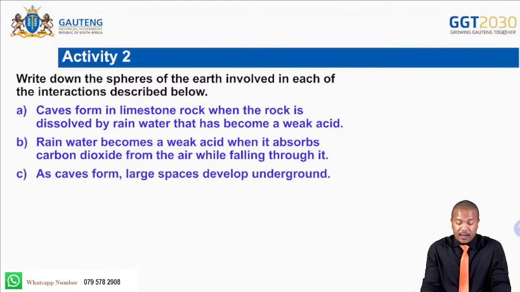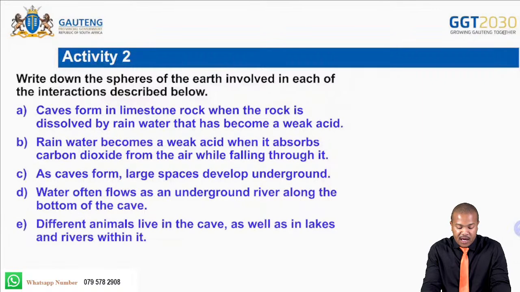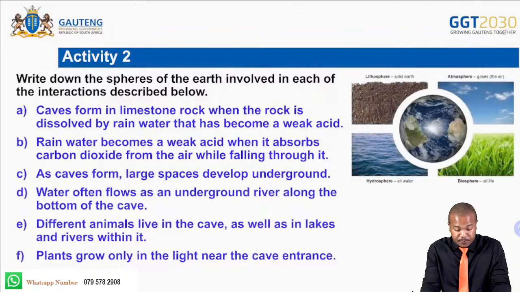C. As caves form, large spaces develop underground. D. Water often flows as an underground river along the bottom of the cave. E. Different animals live in the cave as well as in lakes and rivers within it. F. Plants grow only in the light near the cave entrance.